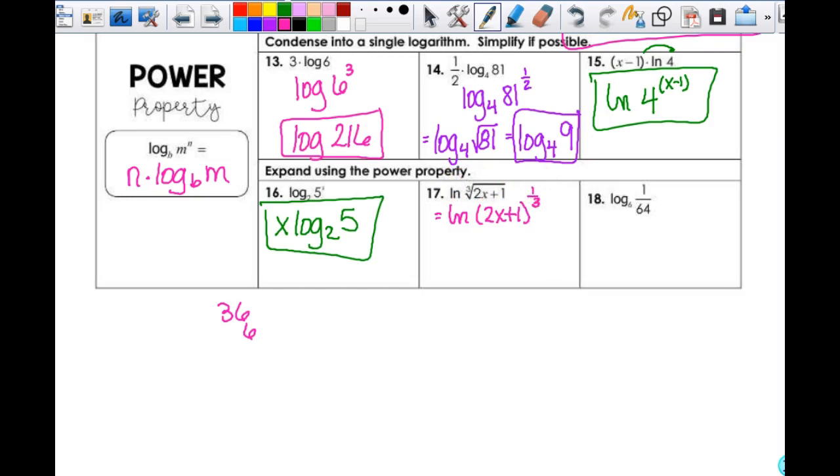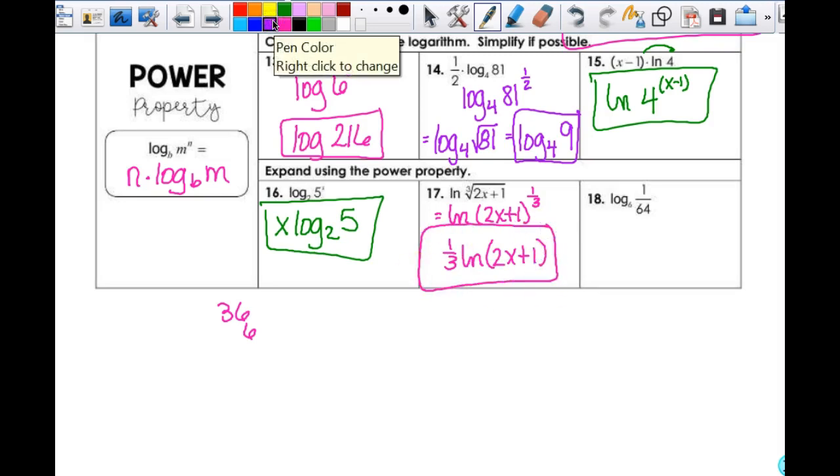So now that I have that exponent, it can come out front, and I get 1/3 times the natural log of 2x plus 1. Okay, everybody good with all that? If you don't use parentheses, then you're saying the natural log of 2x, and then after you do that, you add 1, and that's something completely different. So yes, if it's not in parentheses, it would be wrong.